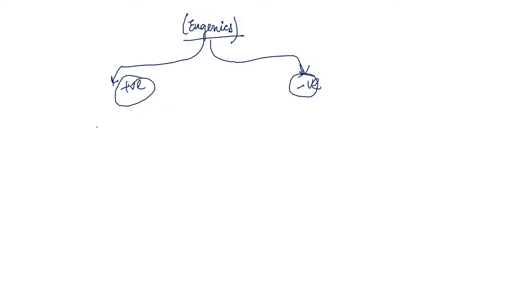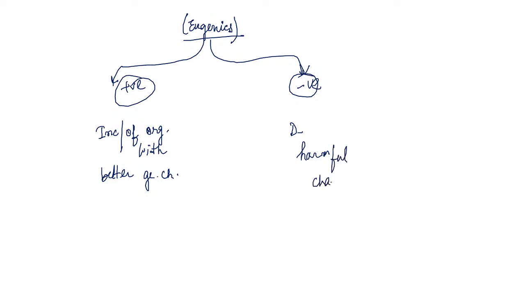Positive in the sense of increasing the organisms with better genetical characters, right? And negative is decreasing the organisms with harmful characters, right?